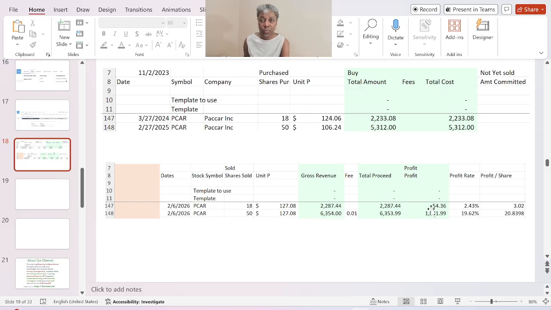And then the profit, which will still be gross profit because it's before tax, is going to be the total proceeds, or the net revenue, minus the total cost, and that'll give me the profit here.